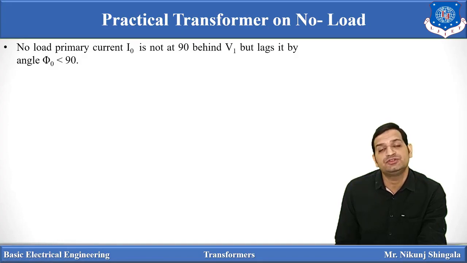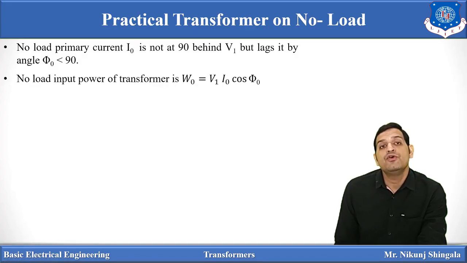They consist of some resistive part also. The no-load input power for the practical transformer is given by W0 equals V1 I0 cos phi 0. This is the no-load input power, and I0 cos phi 0 is the in-phase component of the primary current I0.